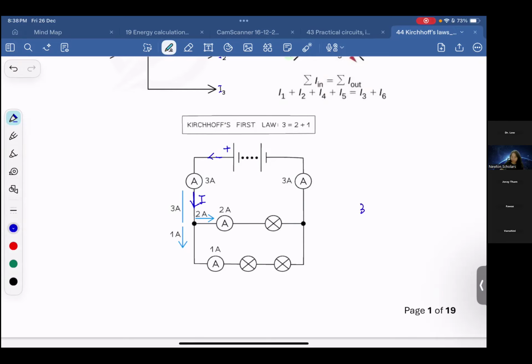So your 3 ampere should equal 2 ampere plus 1 ampere. So this is current in equals current out. Should not be a big problem. We just apply our knowledge about current in the parallel circuit. So this is Kirchhoff's first law.